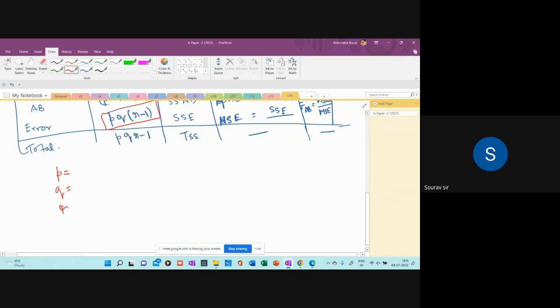So PQ into R minus 1 gives you 5 into 6 into 4 minus 1, so 5 into 6 into 3. That is my answer. So let's check out the options. What are the options over here?